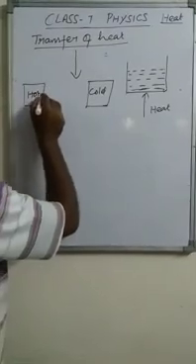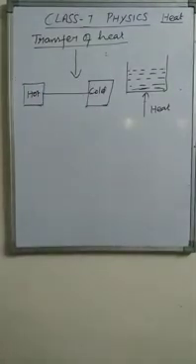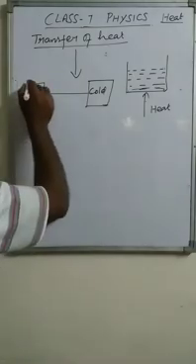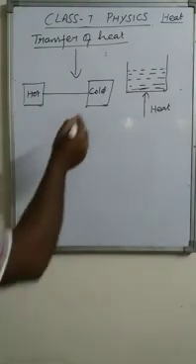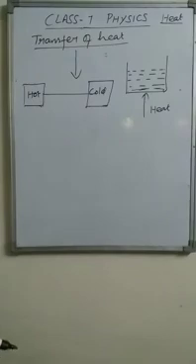Whenever they are kept in contact by any means, definitely the energy flows, because as you know, the hot object has greater energy and the cold object has smaller energy.